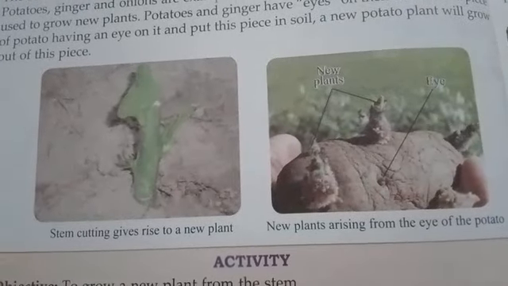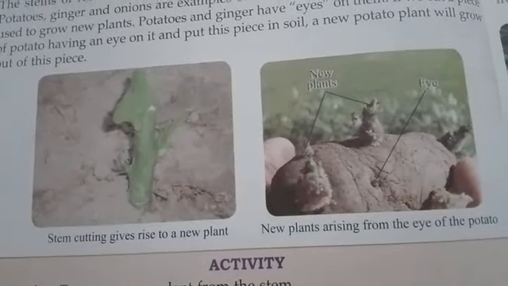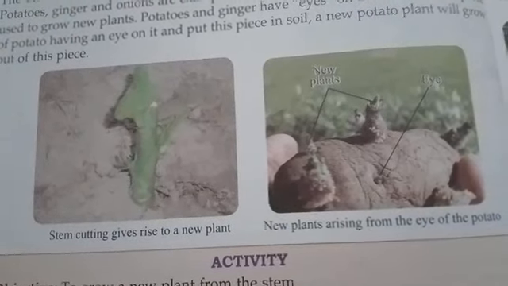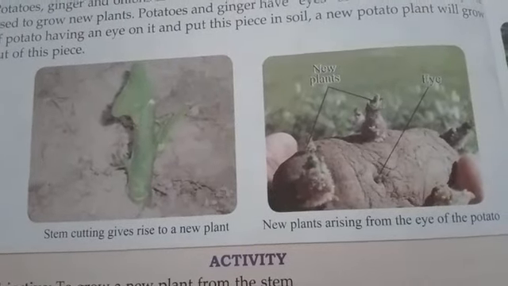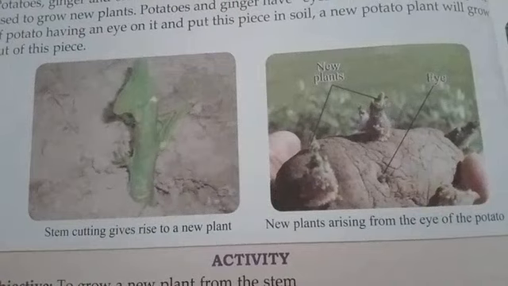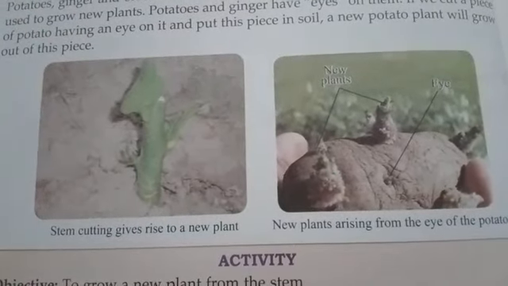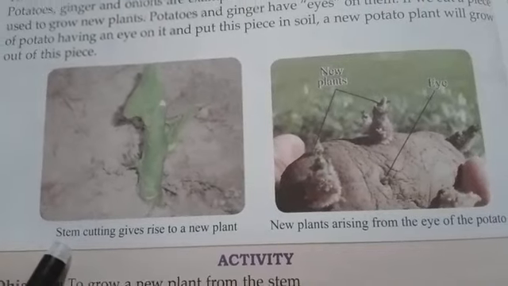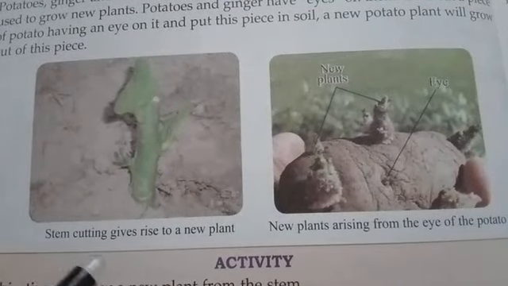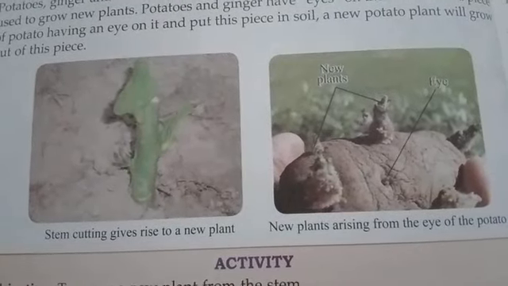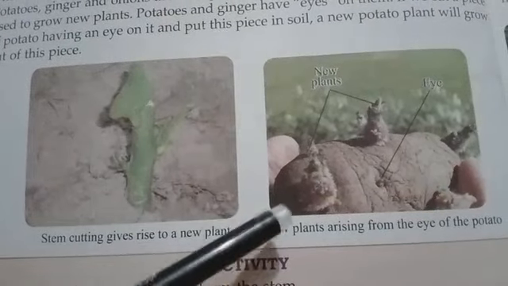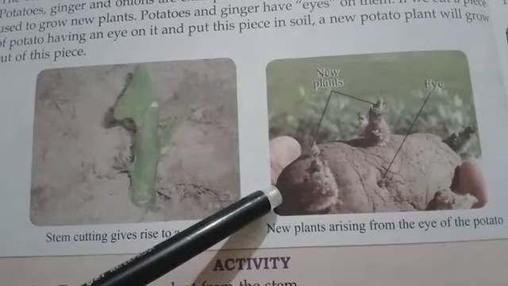You can try this experiment and watch how a new plant grows from it. Here you can see this picture: stem cuttings give rise to a new plant, and new plants arise from the eye of the potato.